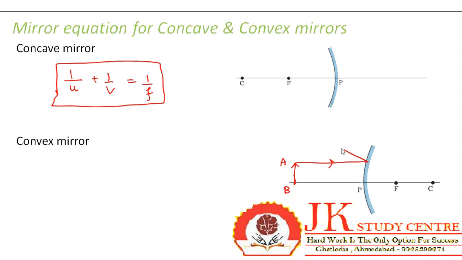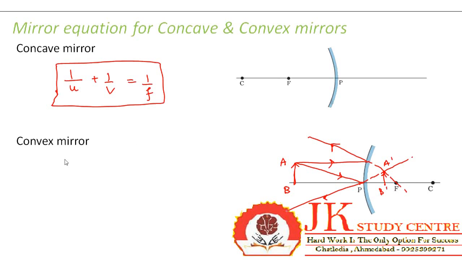Any ray of light parallel to principal axis after reflection will appear to pass through this principal focus. Another ray of light which falls obliquely to pole gets reflected obliquely. So these two rays meet virtually at some point like this. So an image A dash B dash is formed.